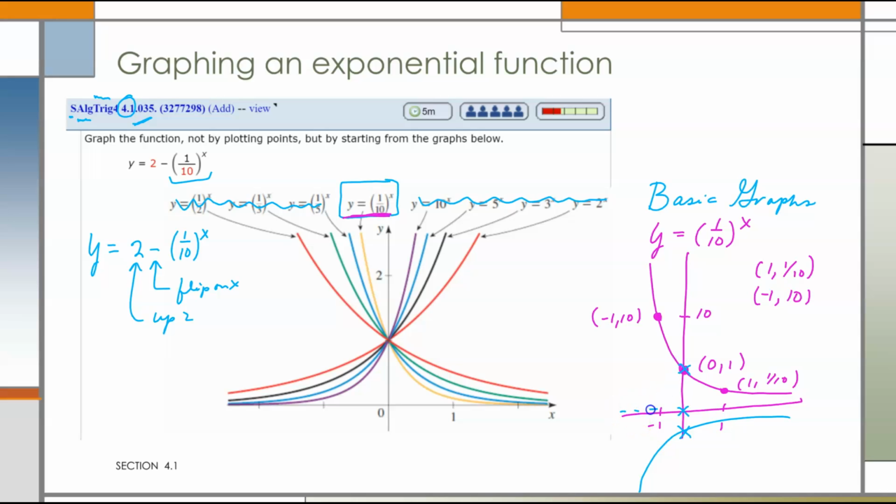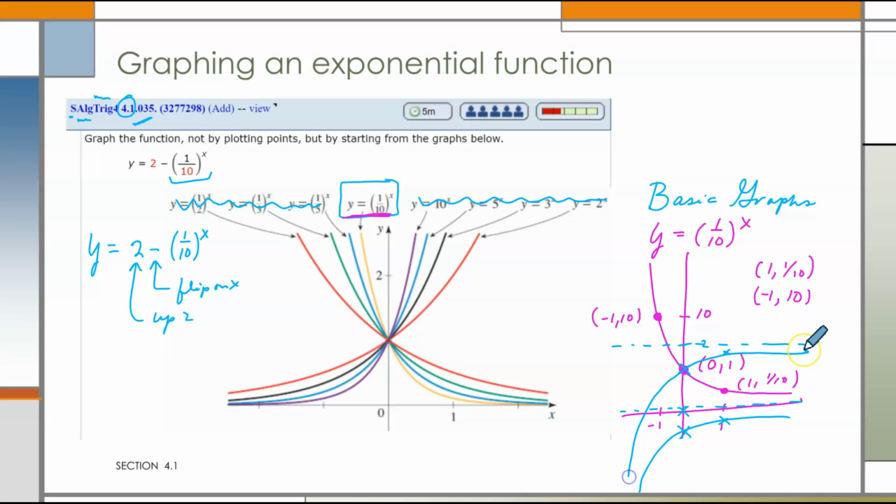Our horizontal asymptote, we're going to move up 2. So 1, 2. Our 1/10, we're going to move up 2. And what we should see is our final answer.